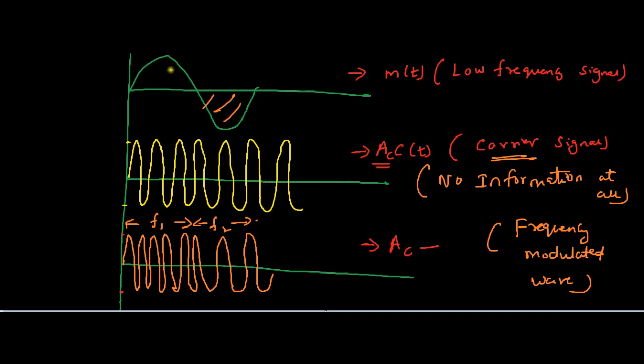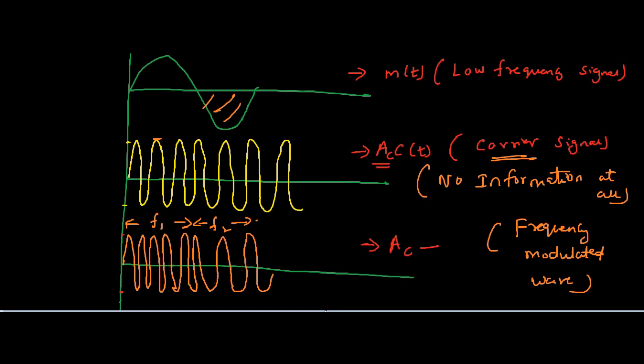So we change the properties of this carrier signal in accordance with the message signal. If we vary the amplitude of the carrier, it is called amplitude modulation. If we vary the frequency of the carrier in accordance with the message signal, it is called frequency modulation. So this is how the FM wave looks like.